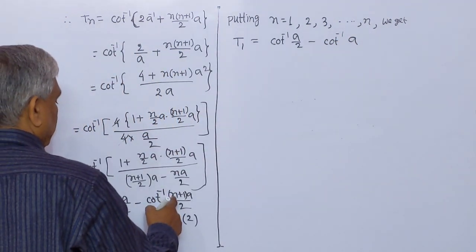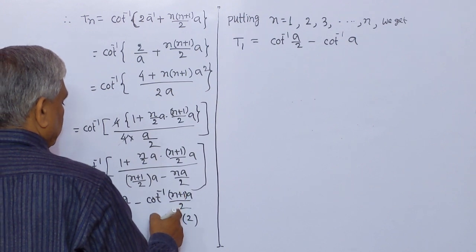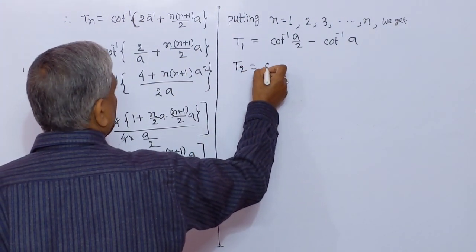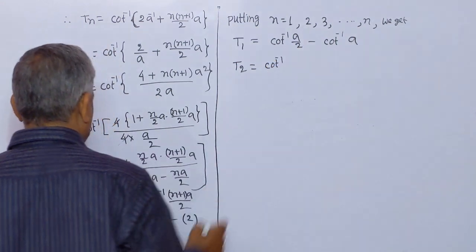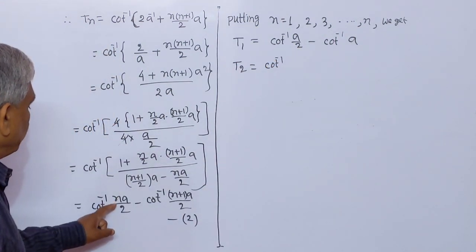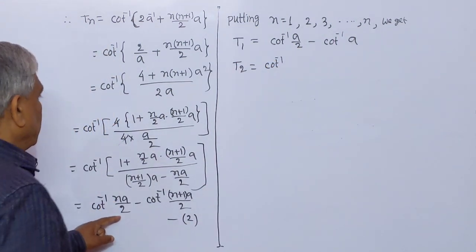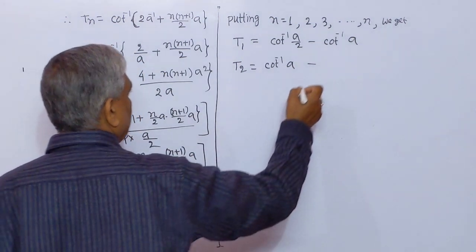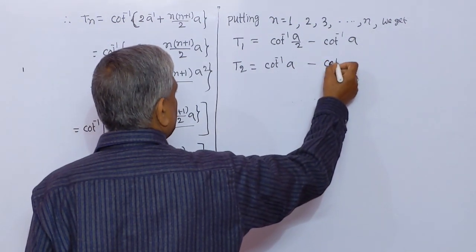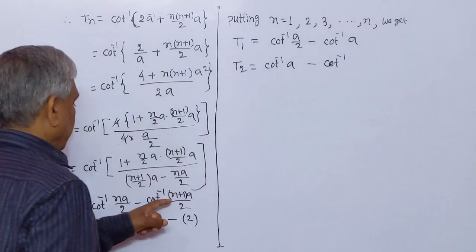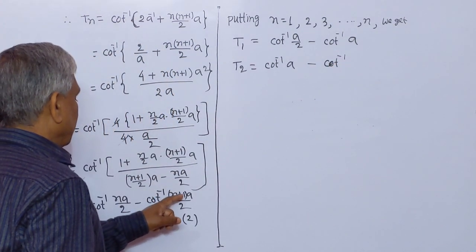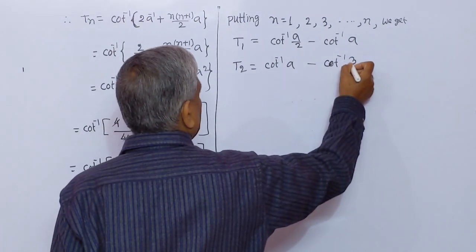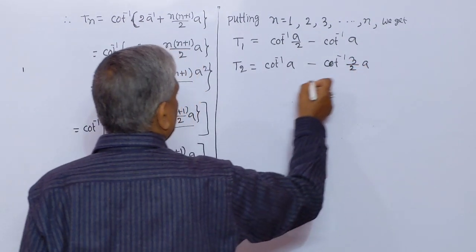T2 equal to cot inverse a minus cot inverse 3 by 2 a.